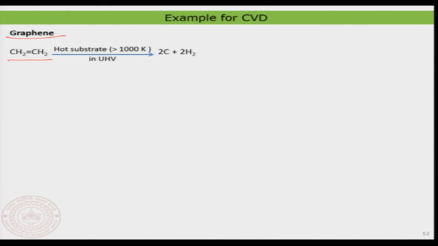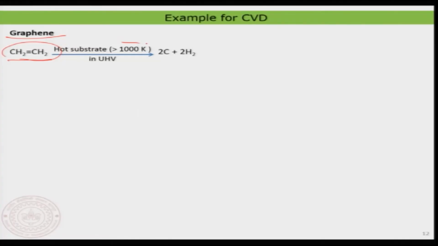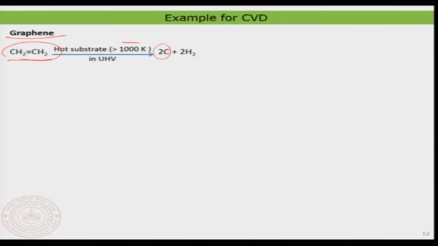And then what you do is you basically bombard the ethylene onto a hot surface. You keep the surface at about 1000 Kelvin, and when the molecules go and bombard the surface, the carbon atoms get deposited on the surface and the hydrogen atoms are pumped away in the chamber. That is a very basic thing, because carbon is the ingredient for graphene.